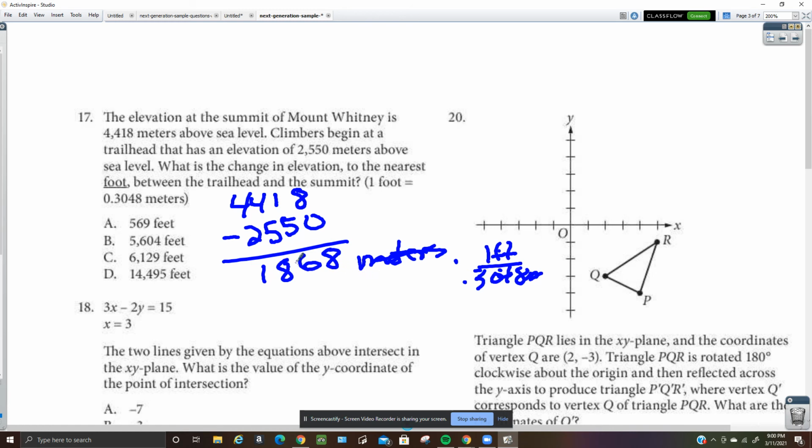So if I multiply this by 10 and divide by 3, I'm going to get this much here. I don't know if you'd be given a calculator for that one, but it'd be 1868. Looks like this.